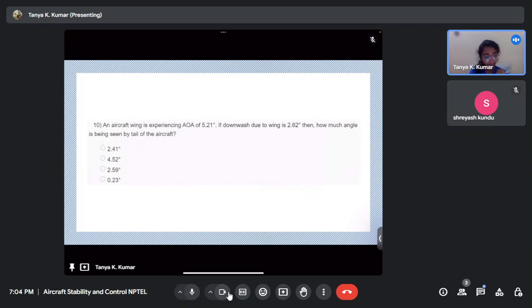An aircraft wing is experiencing an angle of attack of 5.21 degrees. If downwash due to wing is 2.62 degrees, then how much angle is seen by the tail of the aircraft? Very simple. We've done this during the derivation of neutral point and stability.